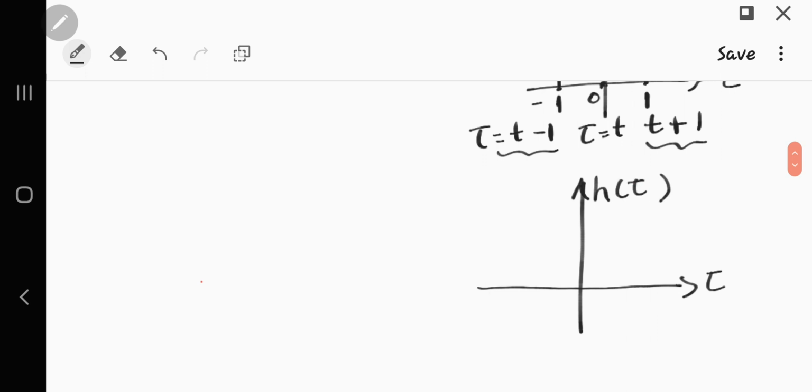so let's plot this. I will write the static signal here first, that is tau, h of tau. So minus 2 to plus 2.